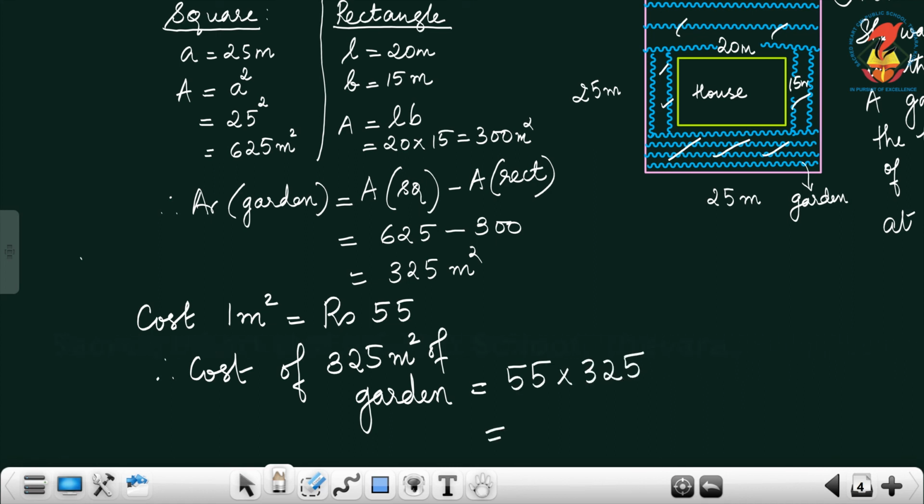Children, you have to multiply in the working column and you will get the answer as 17,875. Since they are asked about the cost, unit will be rupees. So, the total cost of the garden around the house for Mrs. Kaushik will be rupees 17,875.